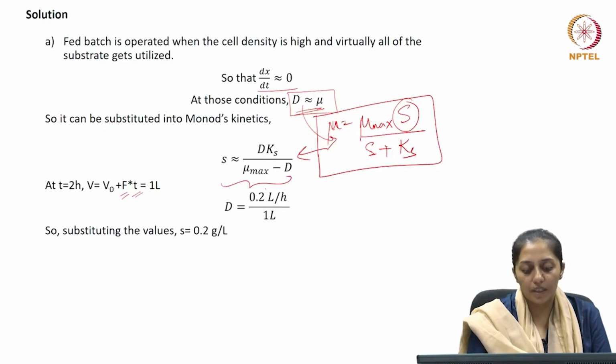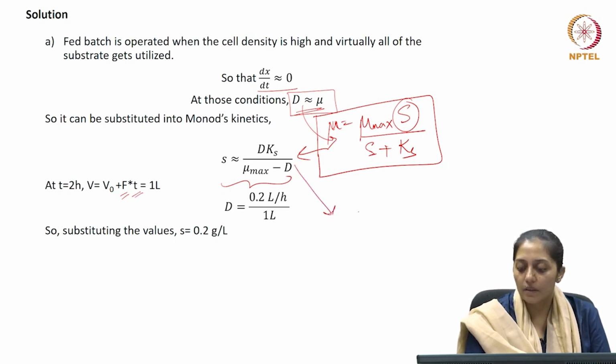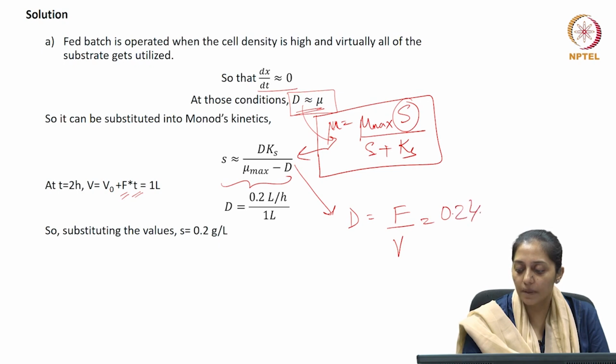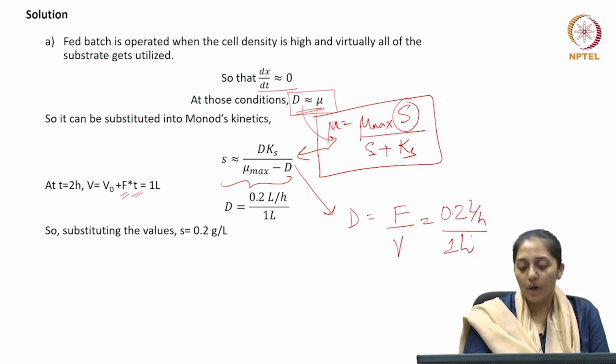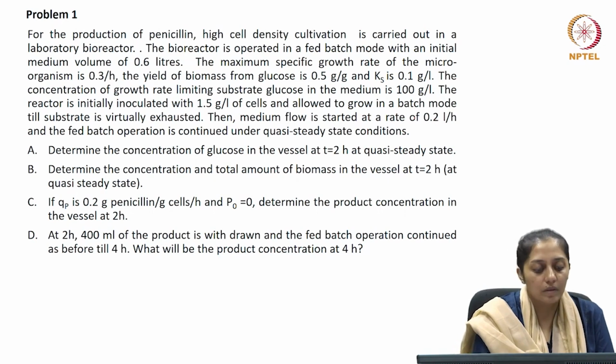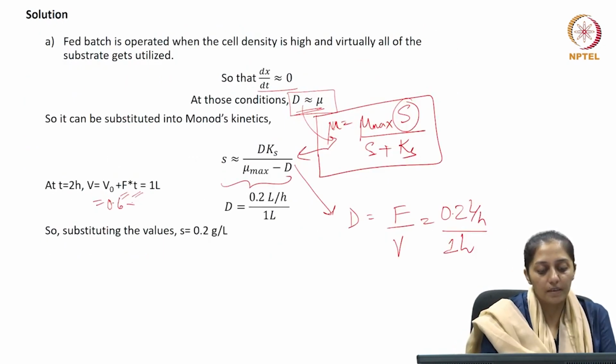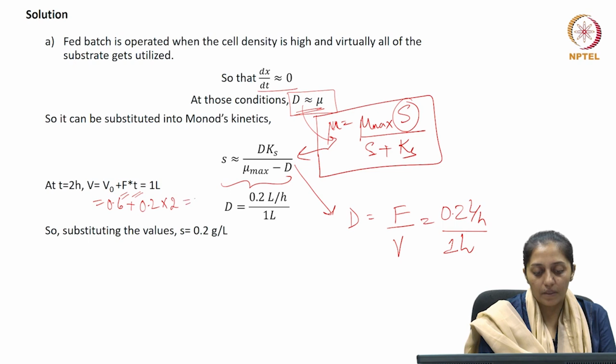We know that in this equation the dilution rate is equal to F by V. F is given to us as 0.2 liter per hour. At 2 hours, V naught was 0.6 liters, F was 0.2 and time is 2 hours. So then your final volume becomes 1 liter.